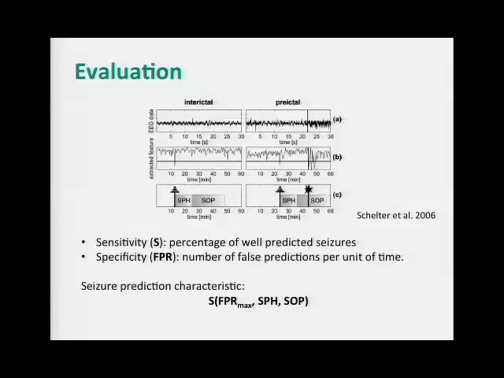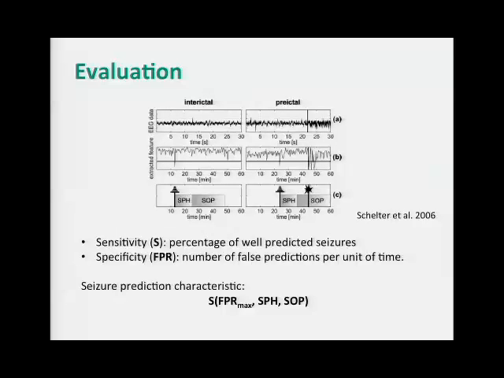The vertical line in the preictal is the seizure, and the horizontal line in the extracted feature is the threshold. So it's just crossing the threshold that decides whether or not there is a preictal period.